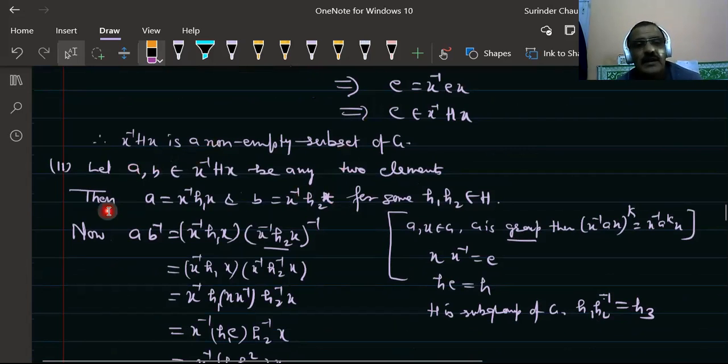Now the second part: let a, b belong to x inverse Hx be any elements. What kind of elements are they?